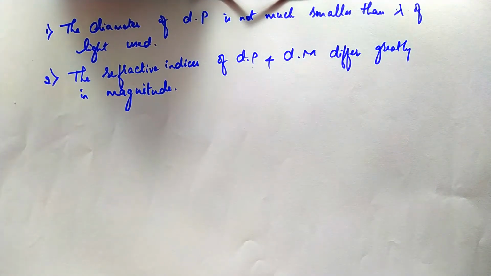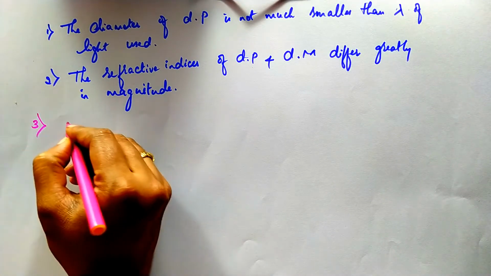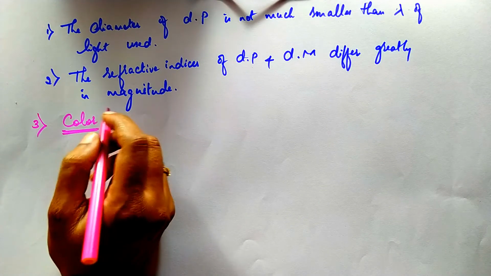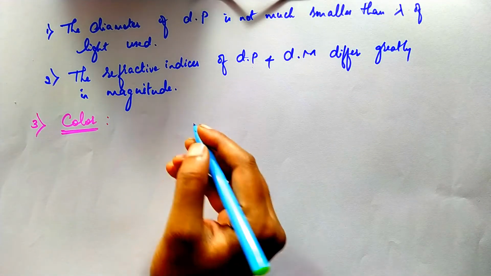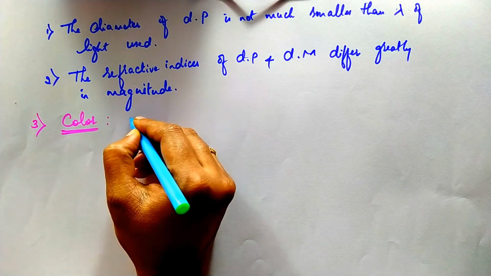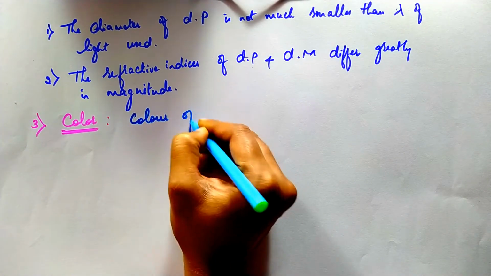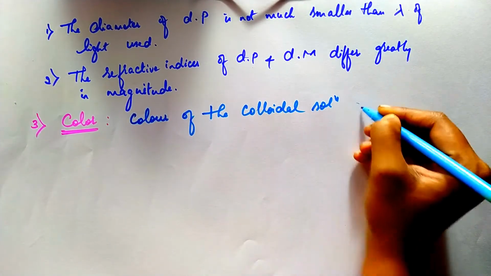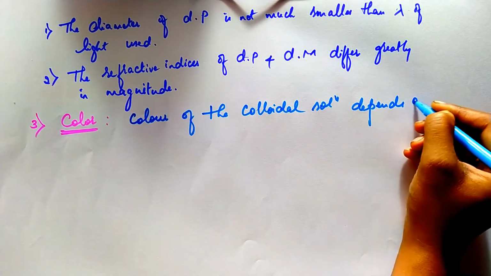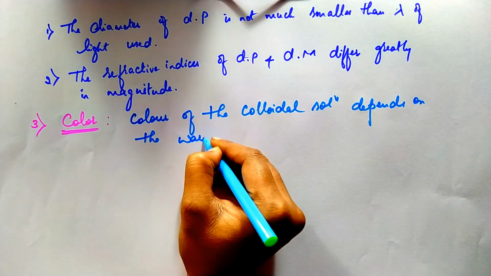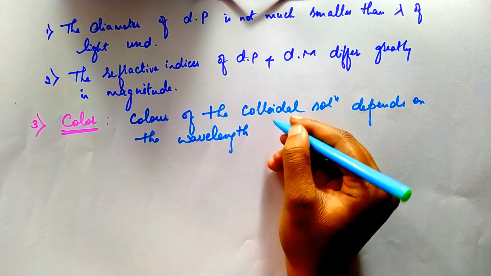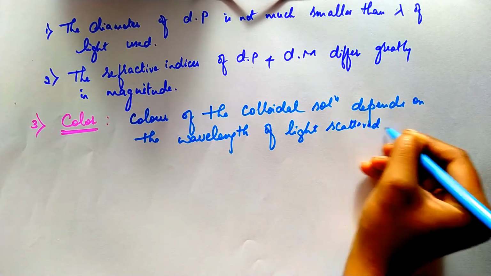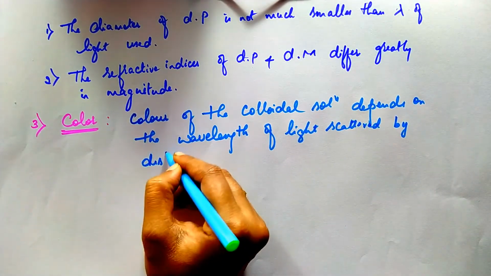Okay, then let us move on to the third point, that is color. The third property of colloidal solution is color. The color of the colloidal solution depends on the wavelength of light scattered by the dispersed particle.